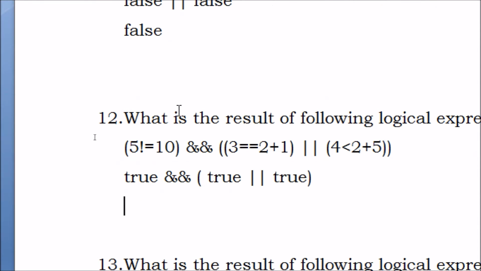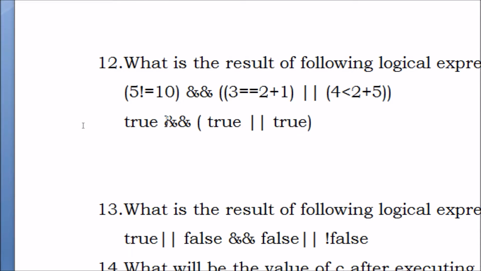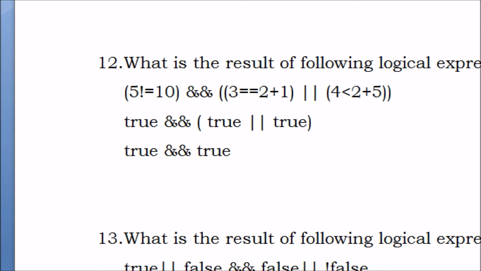Of course, as per the rule, the higher priority is going to be given to AND operator, but since we have brackets here, in this particular case we have to solve this first. So what we are going to get is true, AND operator, and true. Okay, and then true and true is ultimately true, of course. So I hope this is clear to you.